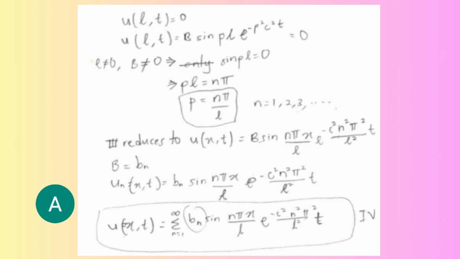So we can get the value of b_n. b_n is 2 per L, integral from 0 to L of f(x) sin(n pi x per L) dx. Then that is the solution for this equation.